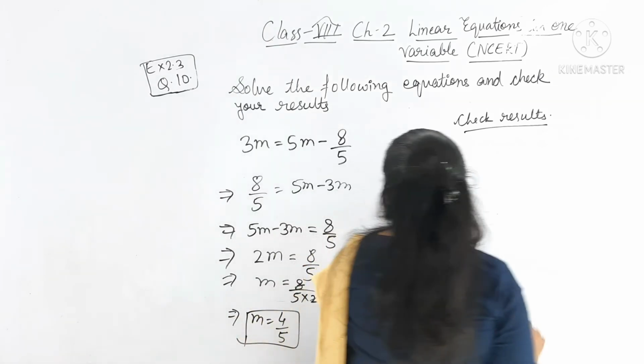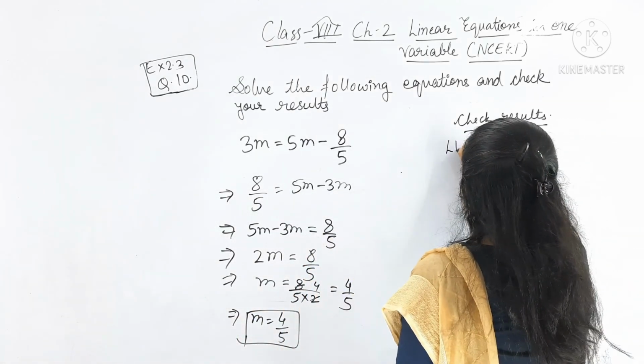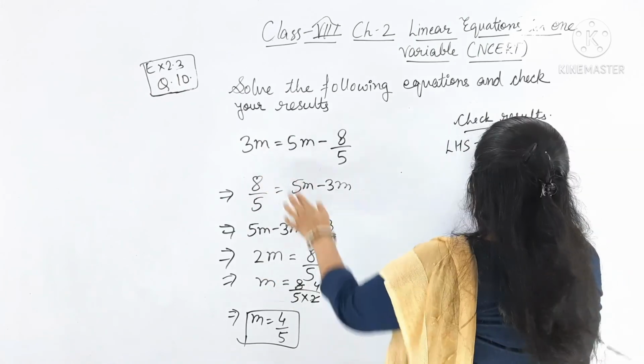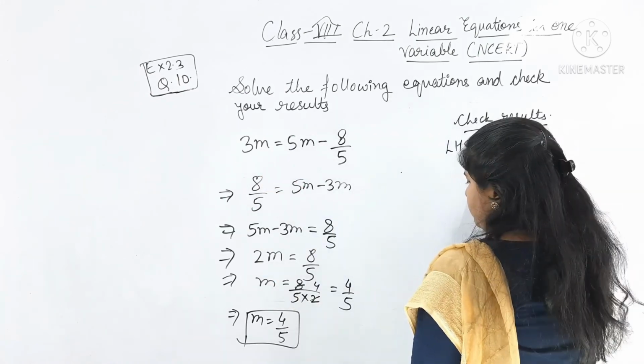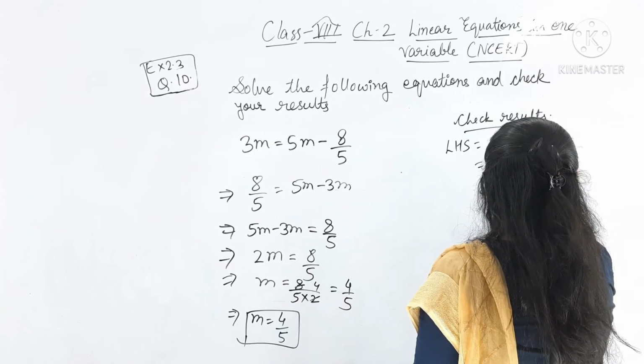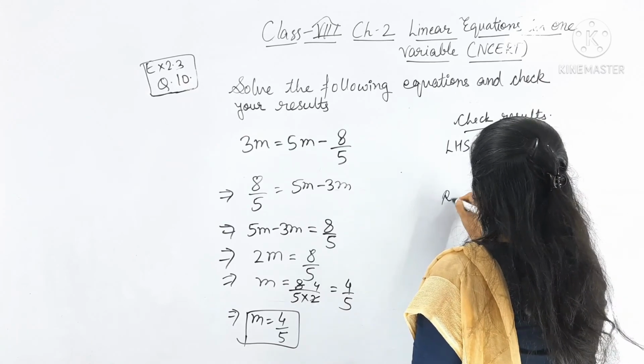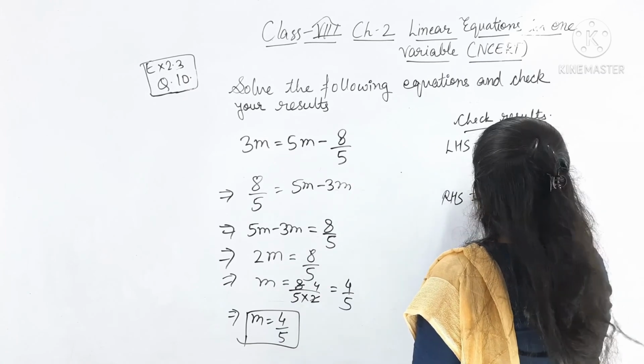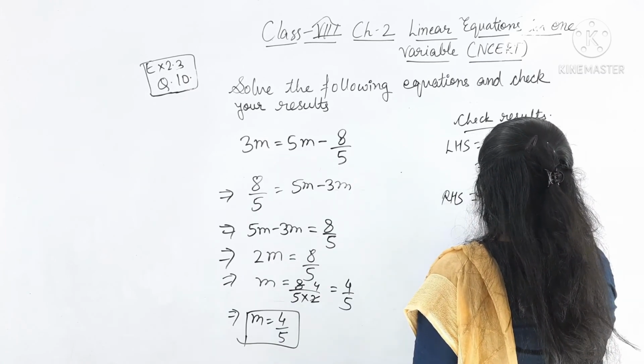So we have to check results here. What is LHS? Here 3m, 3 into 4 by 5, that is 12 by 5. RHS is 5m minus 8 by 5.